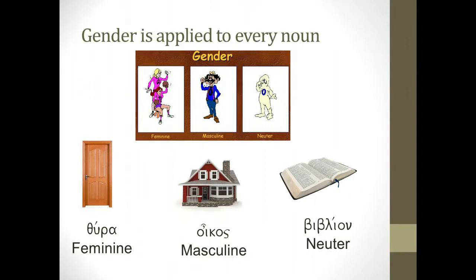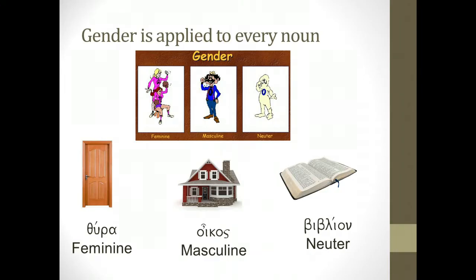I will tell you right now that that little trick involves learning the definite article. Every Greek noun that you have learned so far comes with its own definite article, whether it is ho, or whether it is he, or whether it is to, and we'll be covering those in chapter 3. But again, we'll come back to this. That's how you know what gender the noun is, and it will always have that gender.